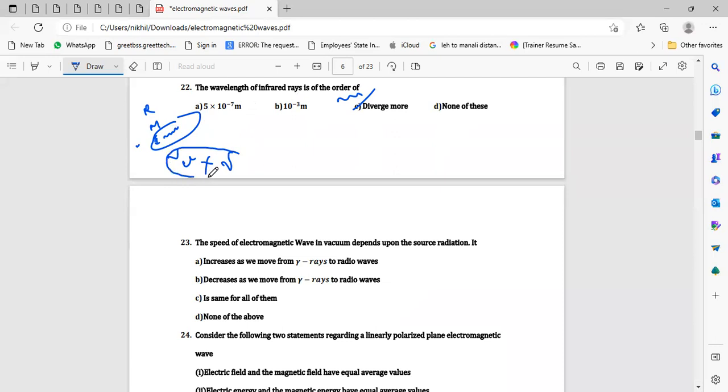So below that, infrared still has rays before it, so it will deviate more itself. So it can't be in the order of 10 power minus 3 or 5 into 10 power minus 7. It will be in the order of more only, so we can say it is going to diverge more.